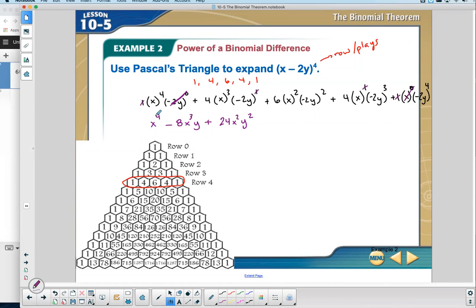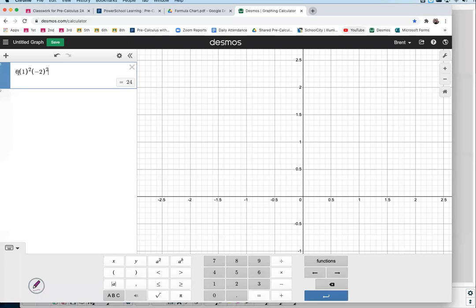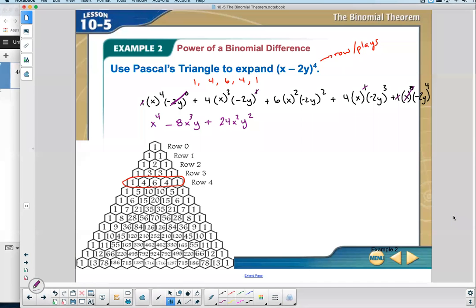Again, the winning powers count down, the losing powers count up. And then I'll have this one, 4 times 1 to the 1st times negative 2 cubed, which is negative 32. Since the winning counts down, it's 1 win, 3 losses.